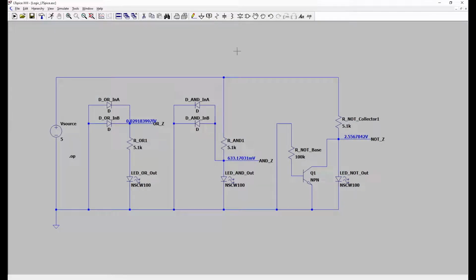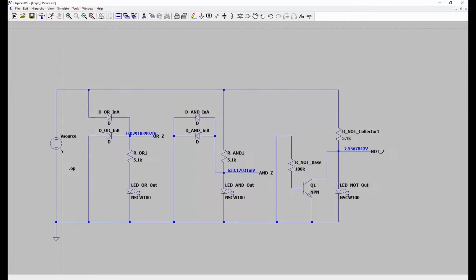Now, if one or the other input on the OR gate is high, then the output should go high. So delete one, reconnect to 5 volts, and simulate.